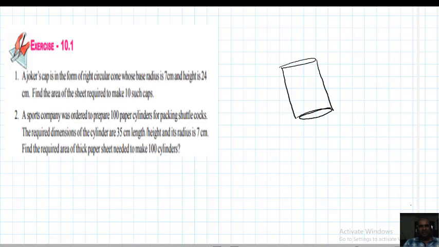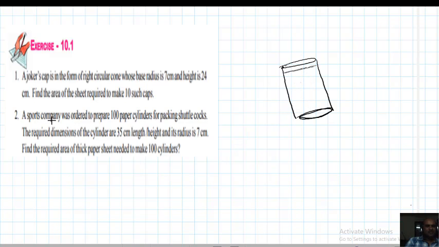I am assuming that I want to close the cylinders for packing shuttlecocks. So I want to make a cap here, one cap, that also I am assuming can be made with the paper only. That's why I want the total surface area of the cylinder, lateral plus 2 times base area.